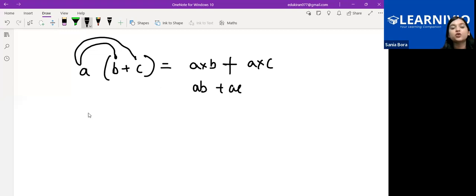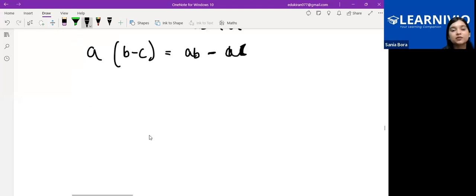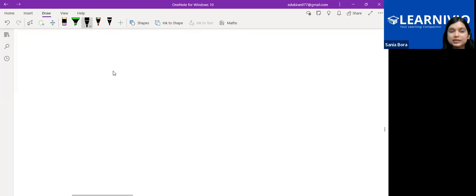And if it is coming like this, A(B minus C), then it would be AB minus AC. Got it? Everybody, what I did over here, I'm solving it with the help of an example. Just listen to me first. For example, 2(3 plus 1). This is 2, this is you.